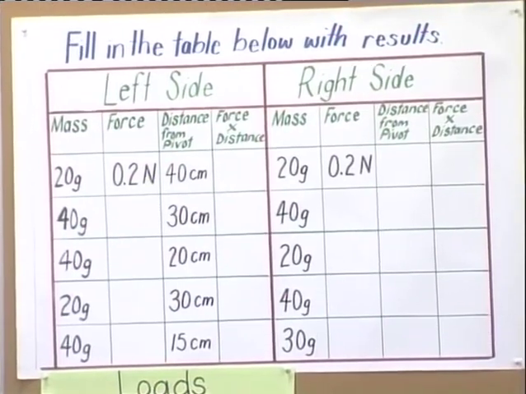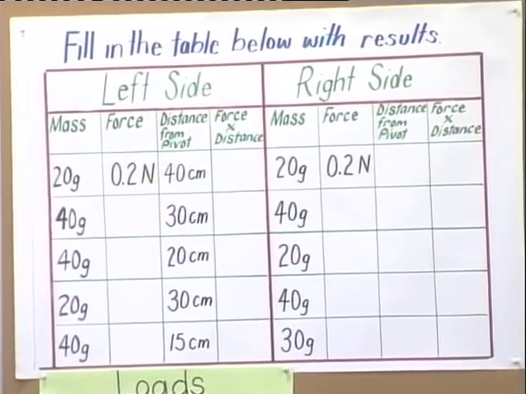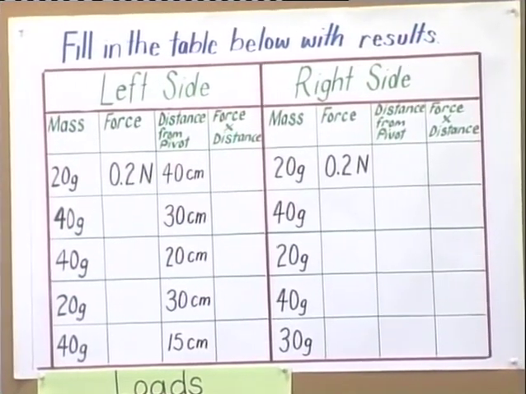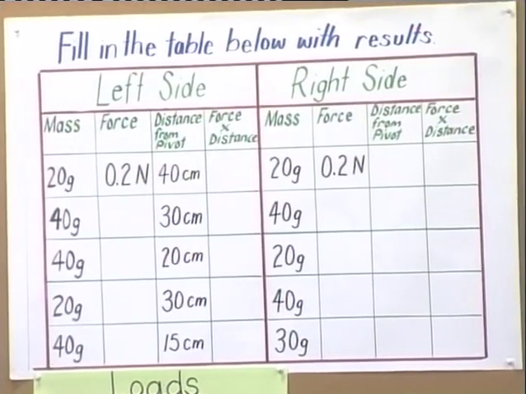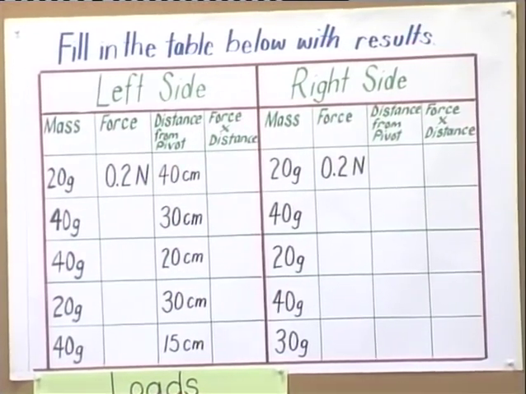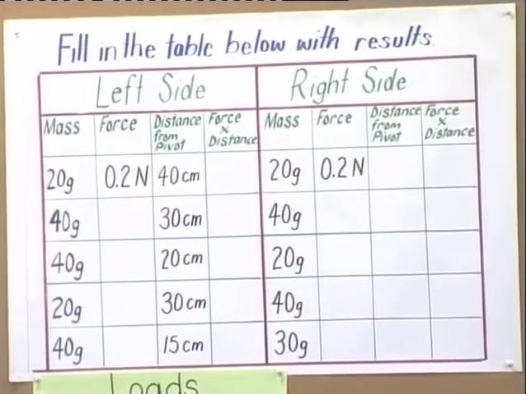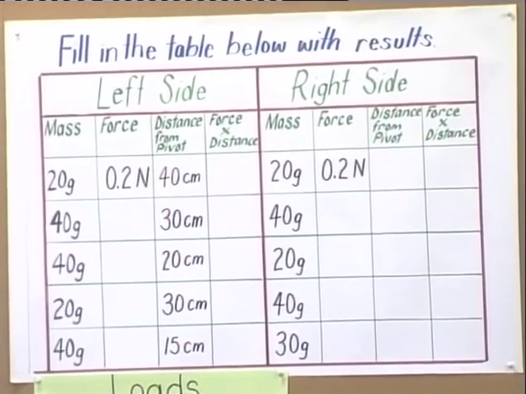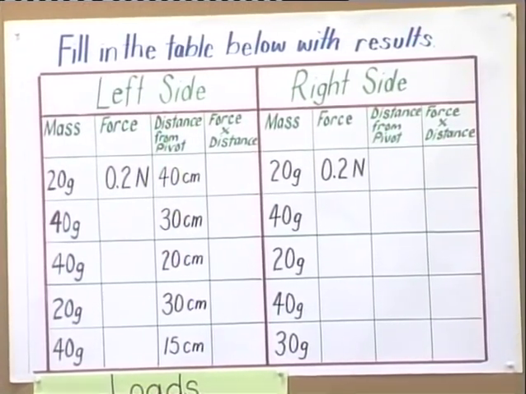For the left, they measured the fixed distance. For the right, we had to move it back and forth to find the balancing point.